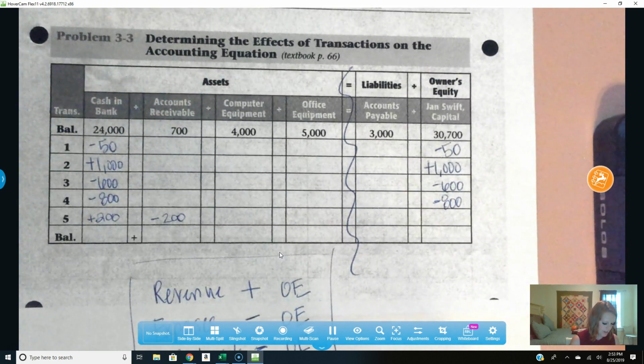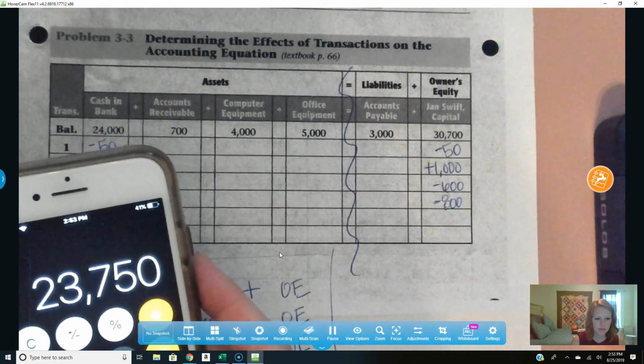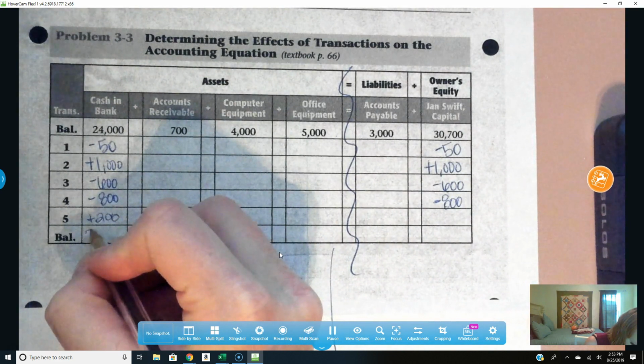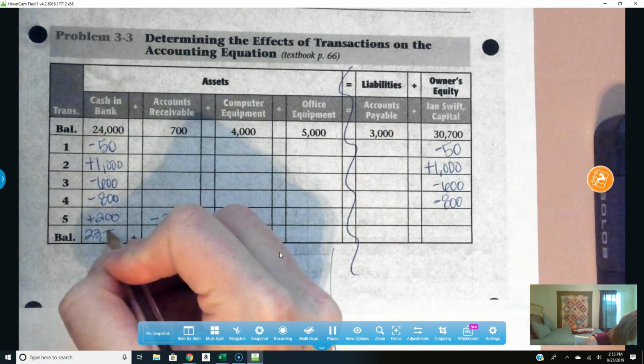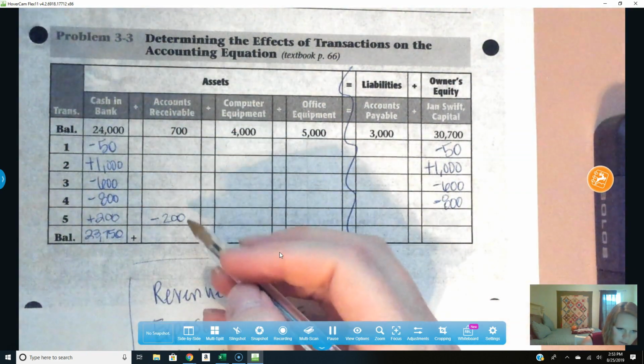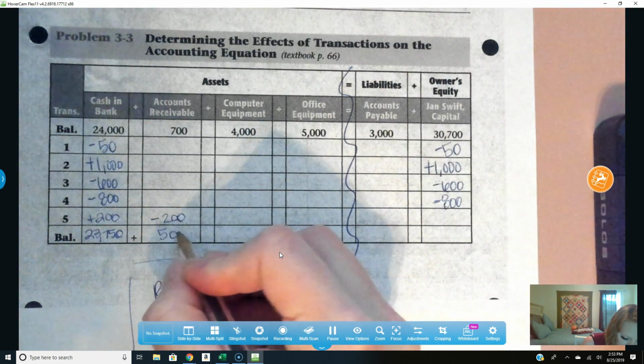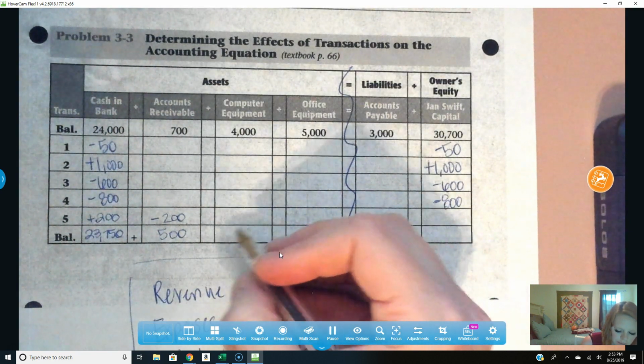There we go. 24,000 minus 50 plus 1,000 minus 600 minus 800 plus 200. So I got 23,750 for our balance in cash and bank. Accounts receivable, 700 minus 200. They still owe us 500 on the office equipment.